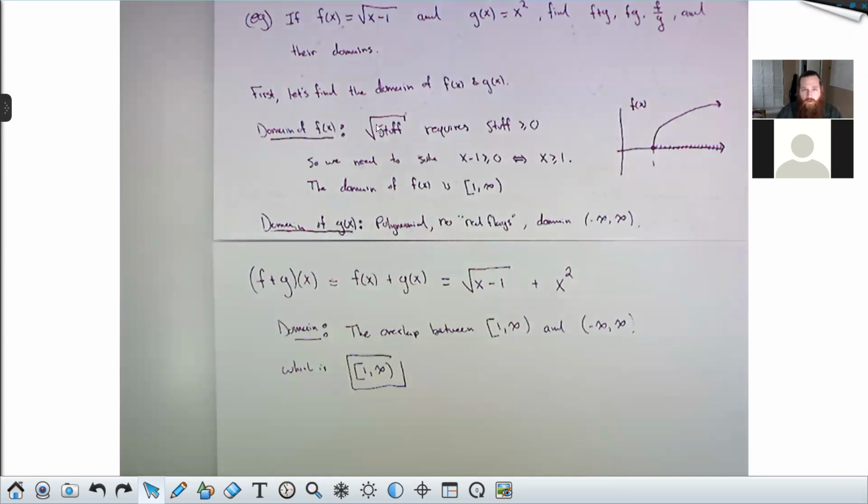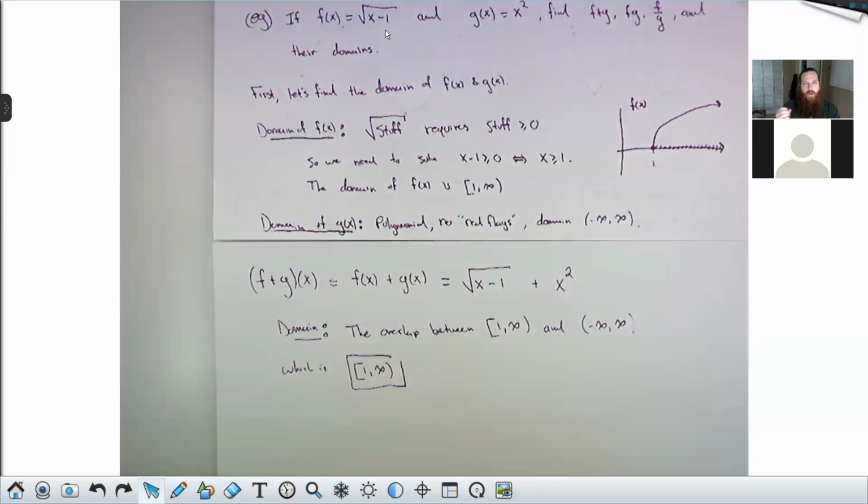So what sort of numbers can I take the square root of? We're trying to figure out the domain of this function, right? The square root of x minus 1, that's what we're trying to do here. This function is defined by the rule: take your number, subtract 1, then take the square root. The domain, remember, is the set of all possible inputs.